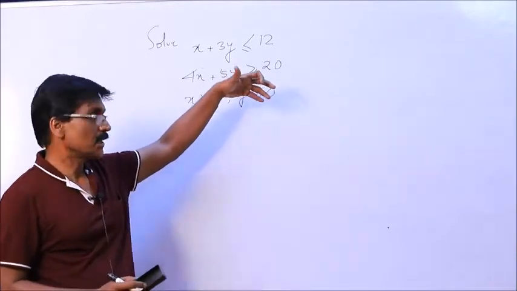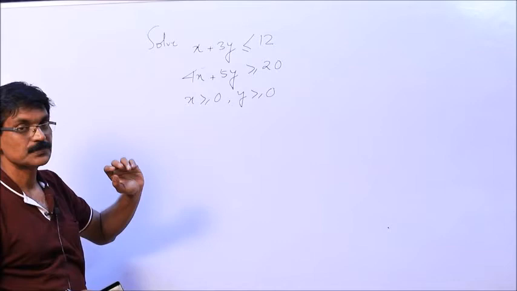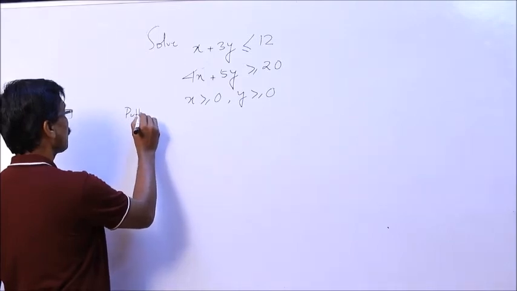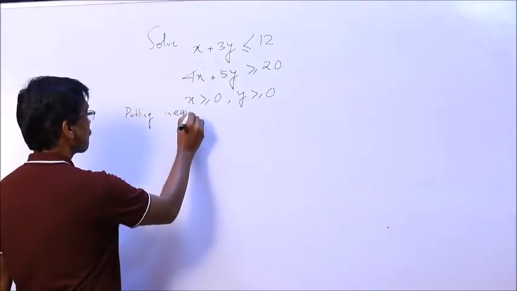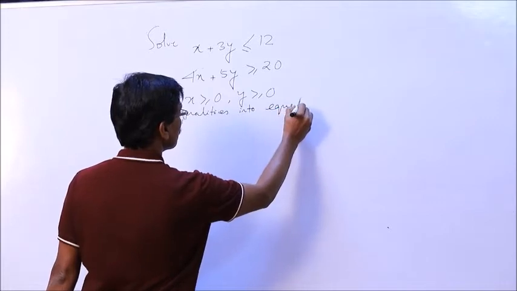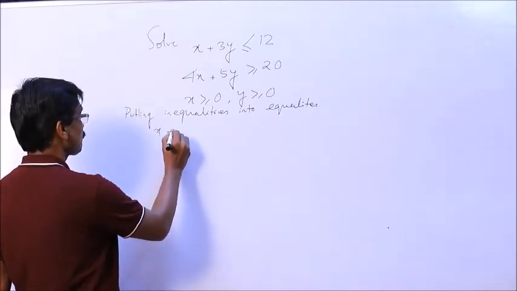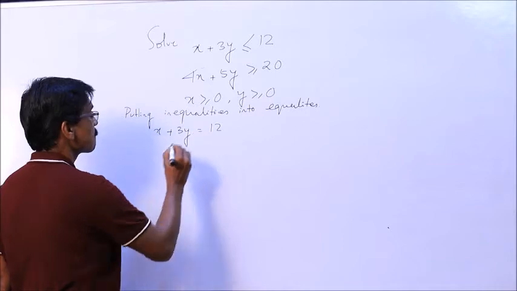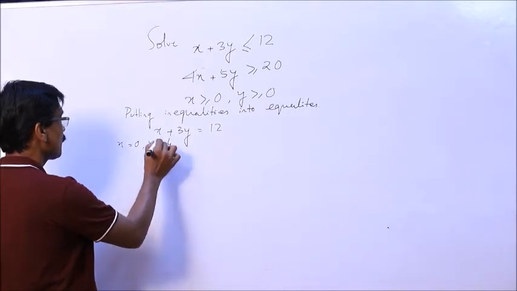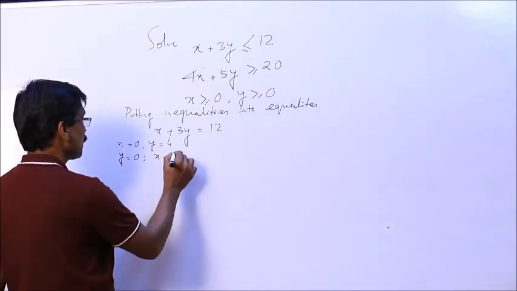So, this has 4 inequalities. So, first we put the inequalities into equalities, that is x plus 3y is equal to 12.